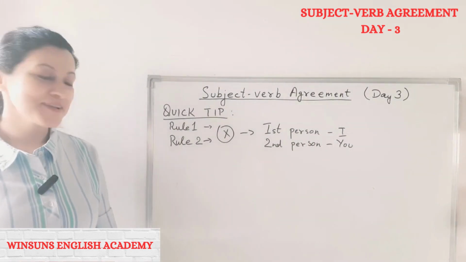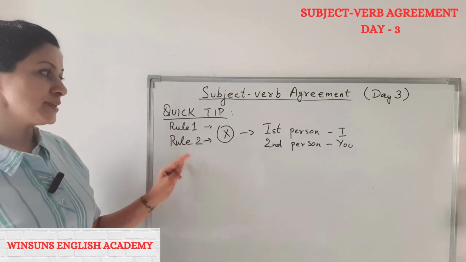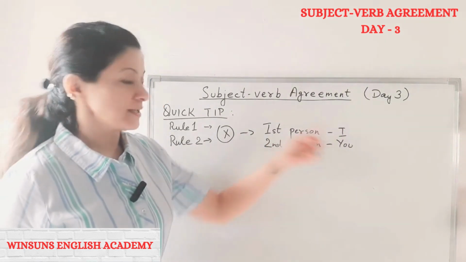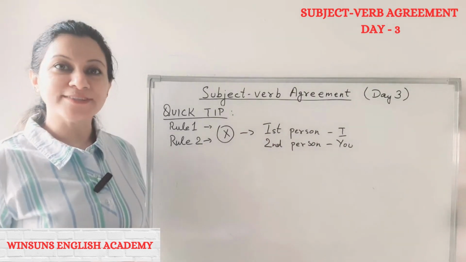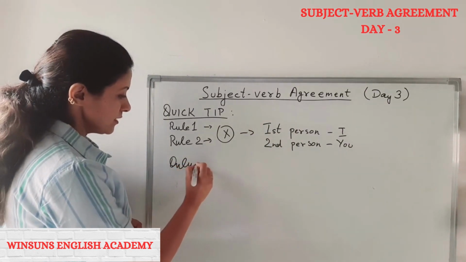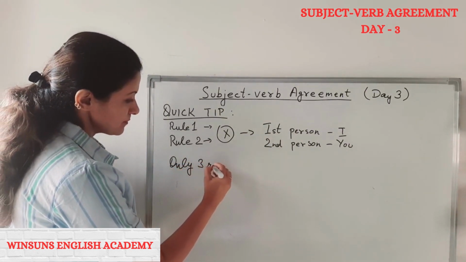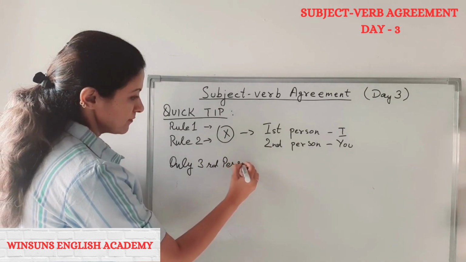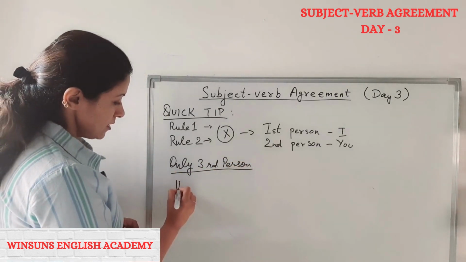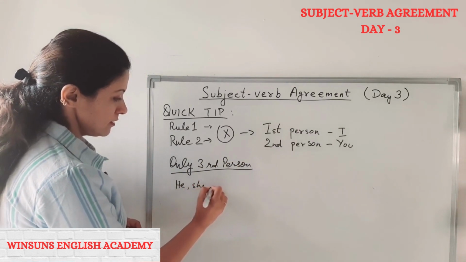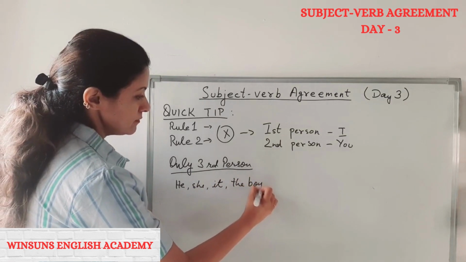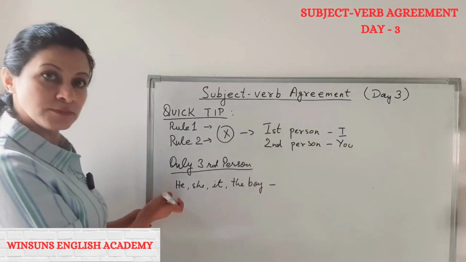You must be wondering, if we cannot use rule 1 and 2 for first person, that is I, or second person, that is you, where do we use it then? These two rules are reserved only for the third person. Okay, how? Let us see. He, she, it, the boy, these are all singular forms, right?